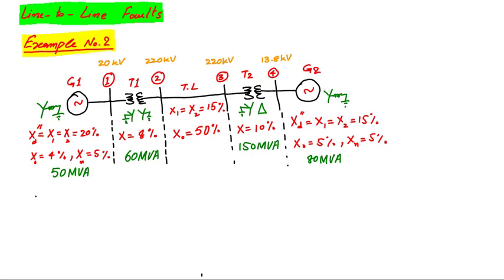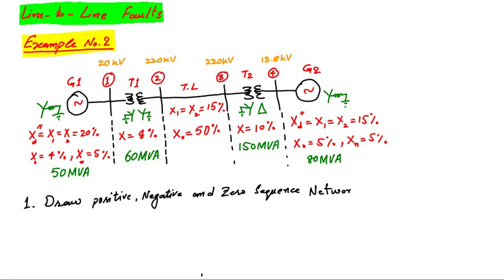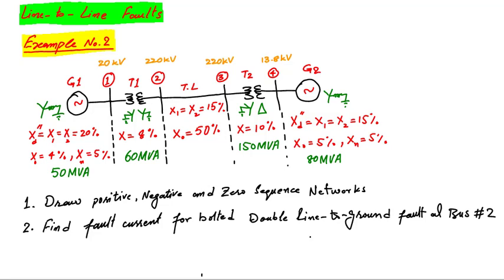The statement of the problem is: draw the positive, negative and zero sequence networks of this system. Find the fault current for a double line to ground fault at bus number 2. Assume the system is unloaded and Vf is equal to 1 per unit.